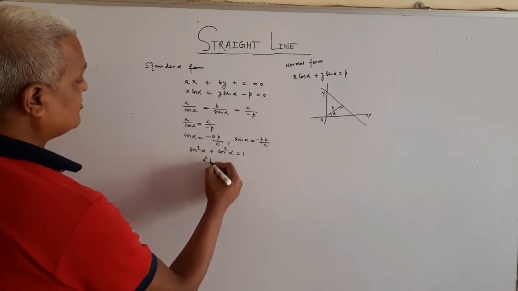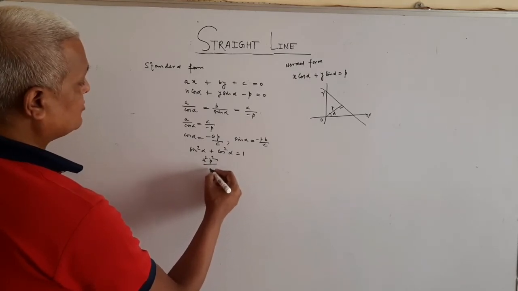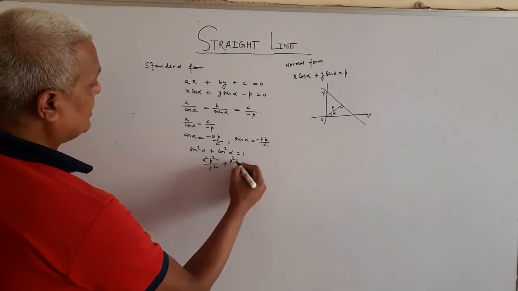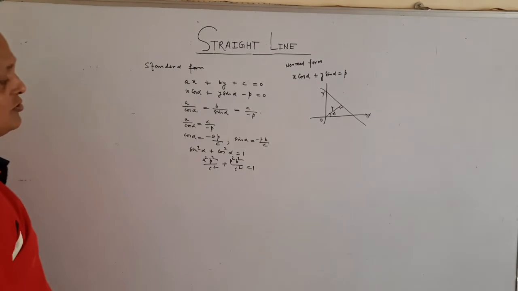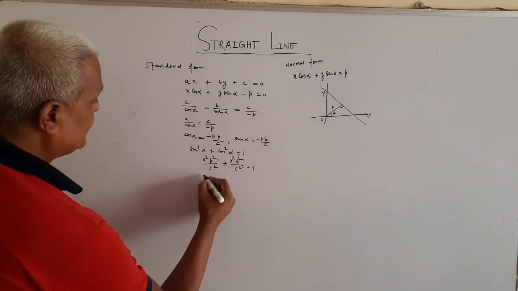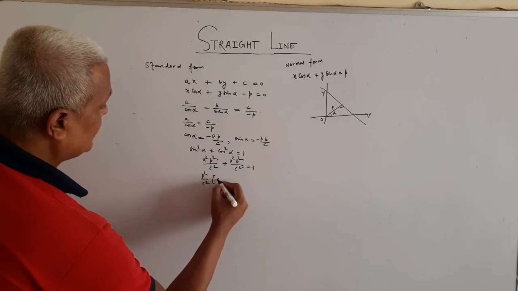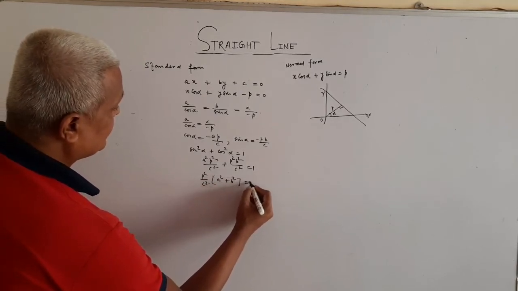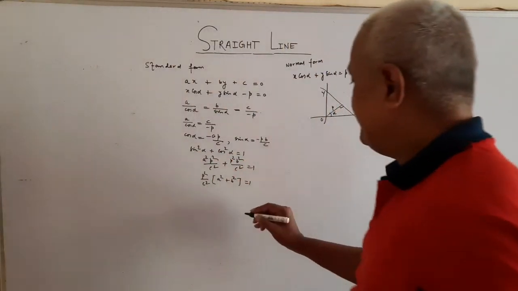That is a square p square upon c square plus b square p square upon c square is equal to 1. If I take p square over c square common, then I'll get a square plus b square is 1.